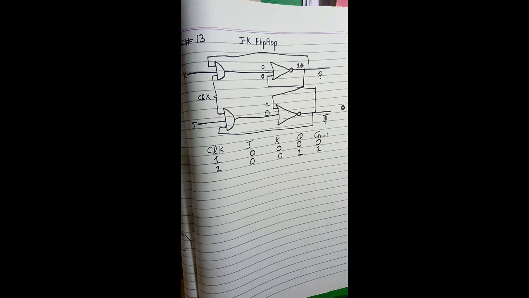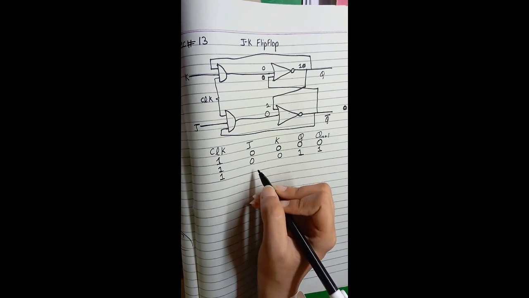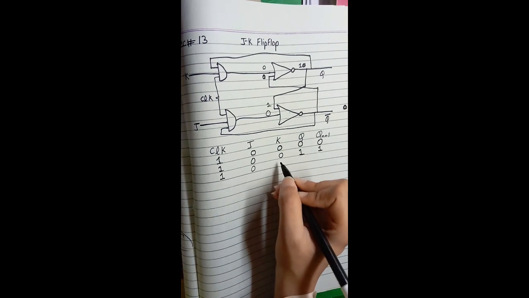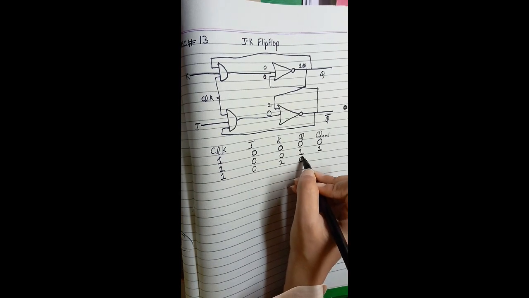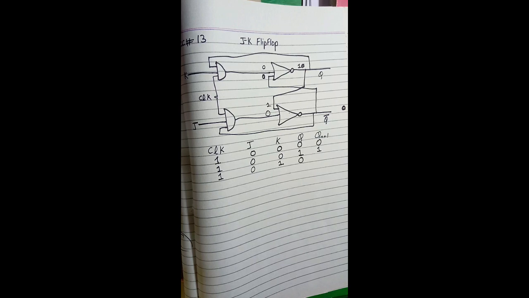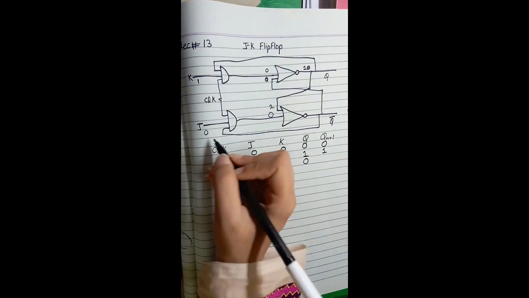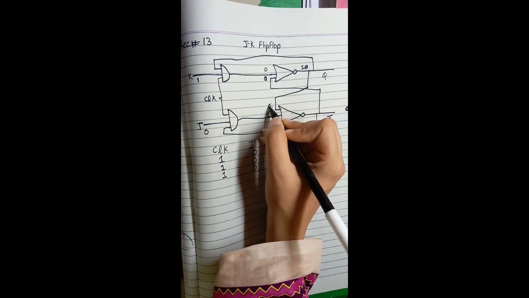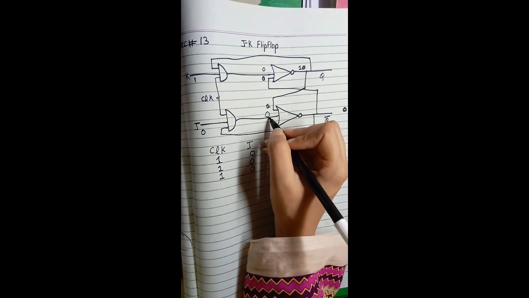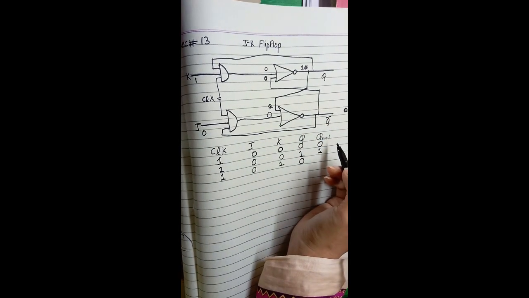On the next step the clock is always 1. We are taking J equal to 0, K equal to 1, and Q as 0. Whenever J is 0 and K is 1, since J is 0, 1 and 0 will be 0. It is 0, and now we should know the other input, so we will process it further.